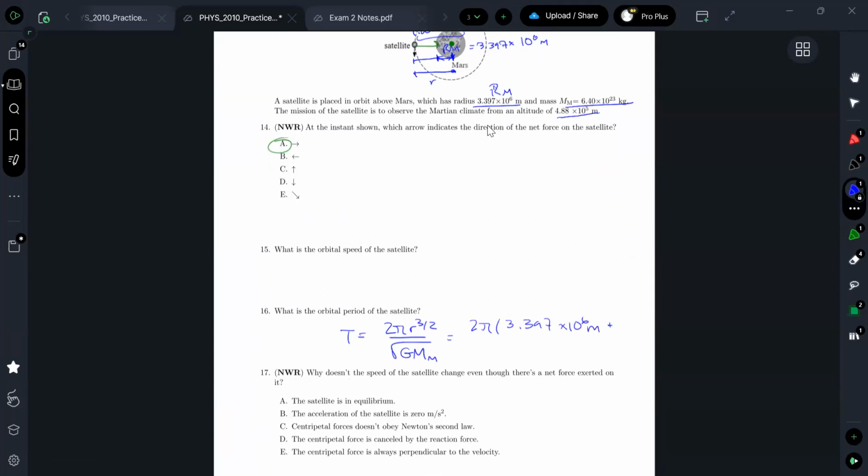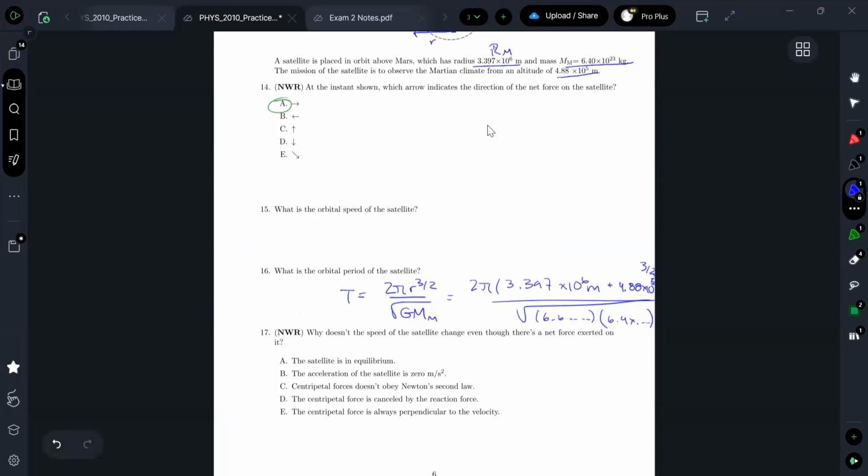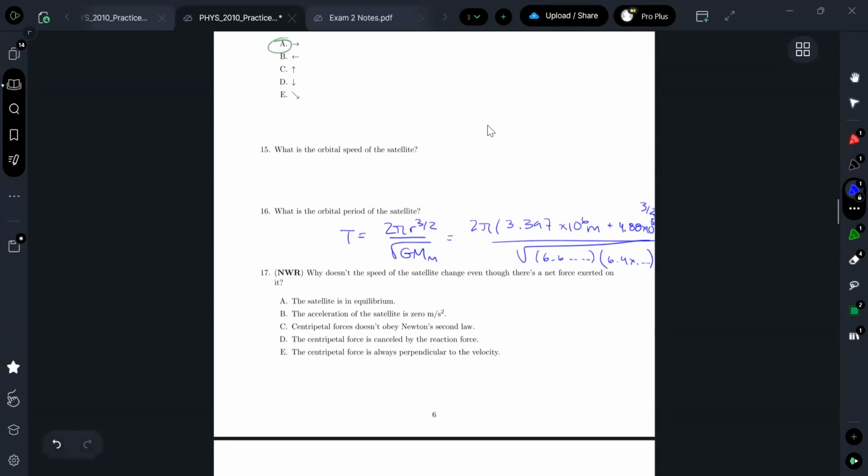I'm writing the radius right now, so I need to add the altitude to that. 10 to the 5, whatever, up to the 3/2 power, square root of the gravitational constant, 6.67, blah blah. And then the mass of Mars, 6.4 times, again, blah blah. You will get to the answer from that. Okay, so that's 14 and 16.